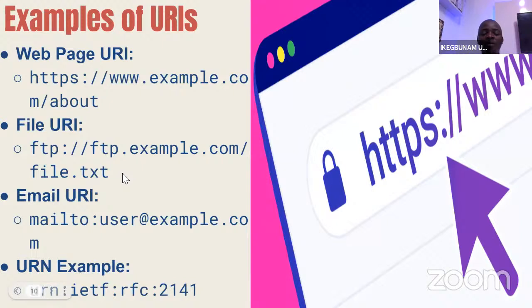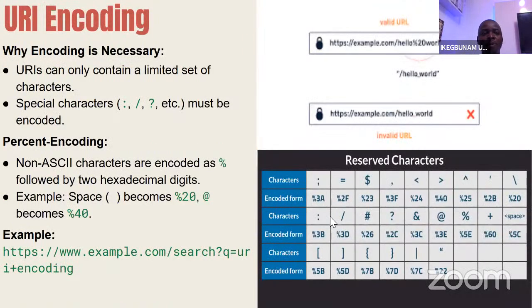For email, we have mailto. If you have an anchor tag on a web page with mailto, clicking that redirects you to your mailing app, which you can use to send a mail to the referenced email address. Then for uniform resource name, a good example is Amazon resource name.